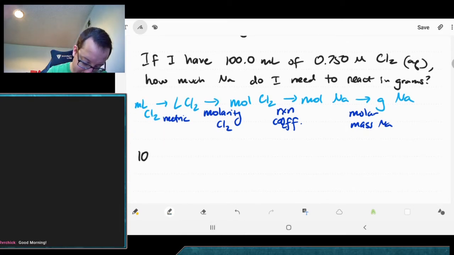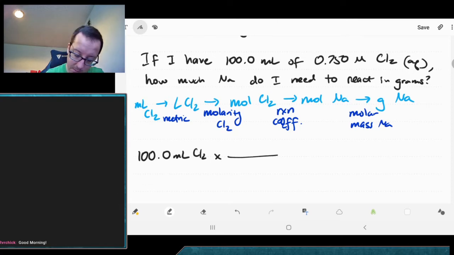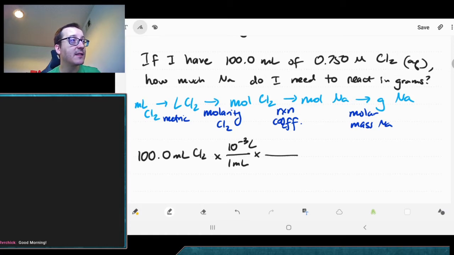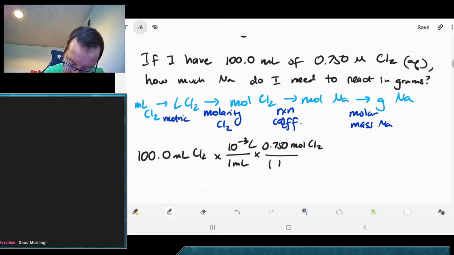We have 100 mL to start. We're going to want to convert that into liters. Hopefully the metric part is not too bad. Next, we're going to want to use the molarity. That's what we've planned out here. So we know that we have 0.750 moles per liter.